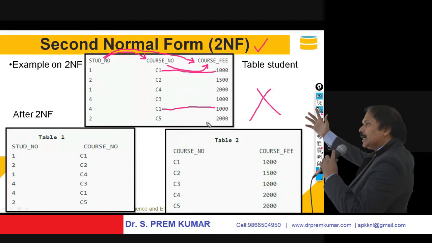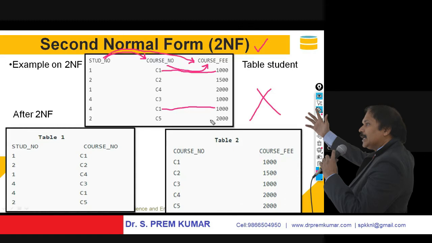Course and fees are made into another table. By this, you can avoid redundancy. Course 1 occurs only one time, 1000 rupees. Course 2, 1500 rupees. Course 3, 1000 rupees. Course 4, 2000. Course 5, 2000 rupees.